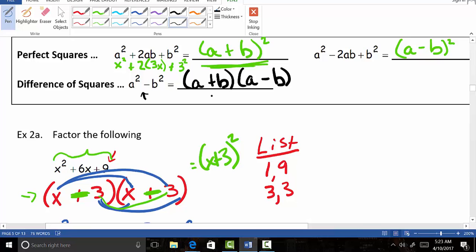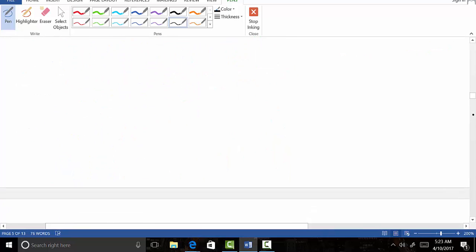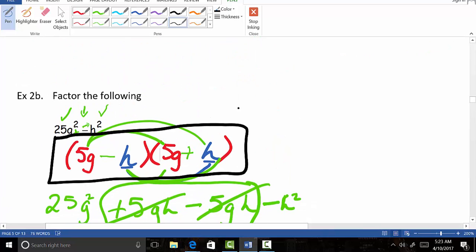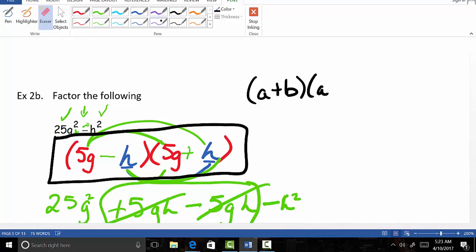What we're asking is, what is a and what is b? Imagine going back to our example, where now that we have that definition, we have a plus b times a minus b.